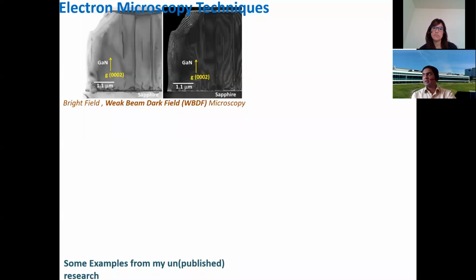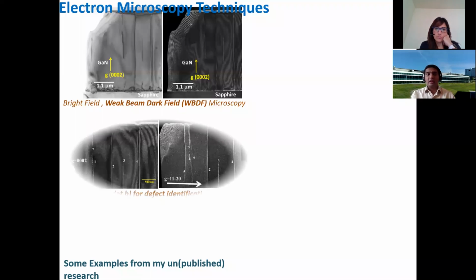Whenever the beam transmits through the TEM sample, we have one transmitted beam and the other ones are the diffracted beams. Under the weak beam technique, not going into the details, we are able to image the defects, or rather dislocations, with a much higher resolution.